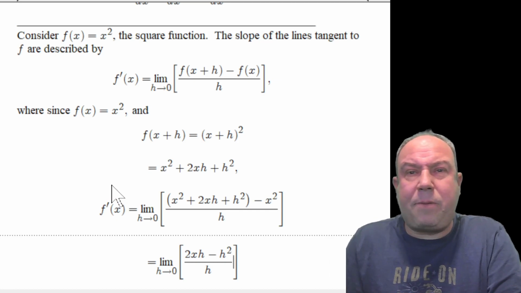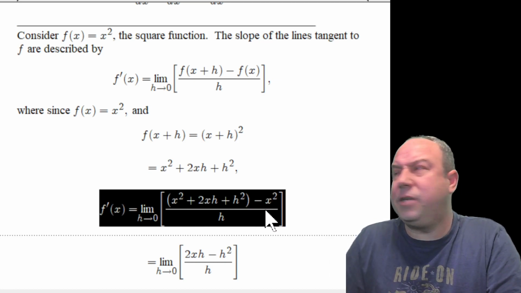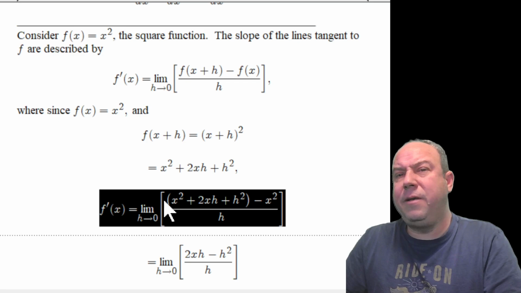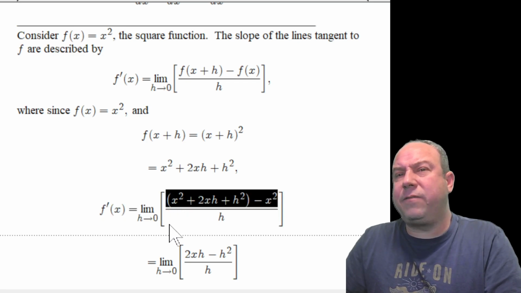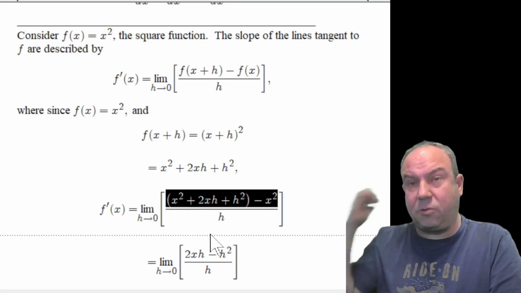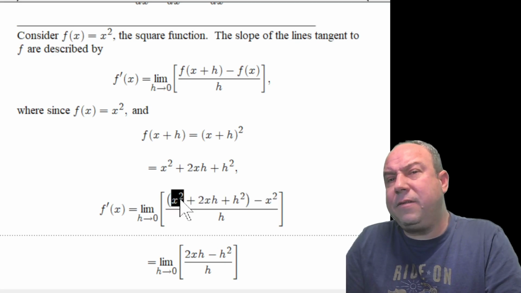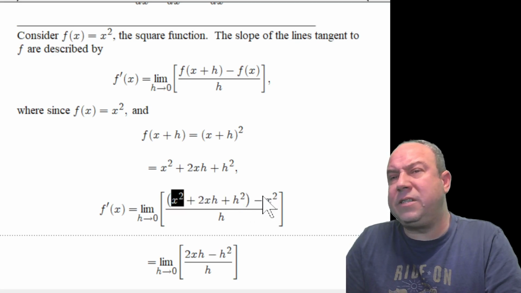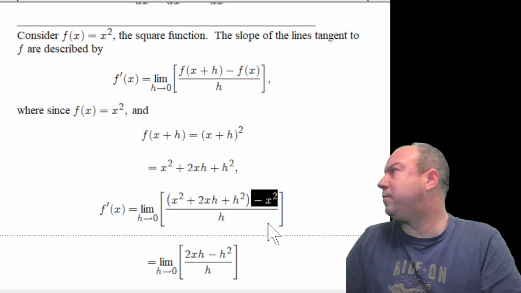So if we set up our f prime of x calculation using the definition above, and we subtract x squared from x squared plus 2xh plus h squared, we will see that the x squared term removes itself with this difference.